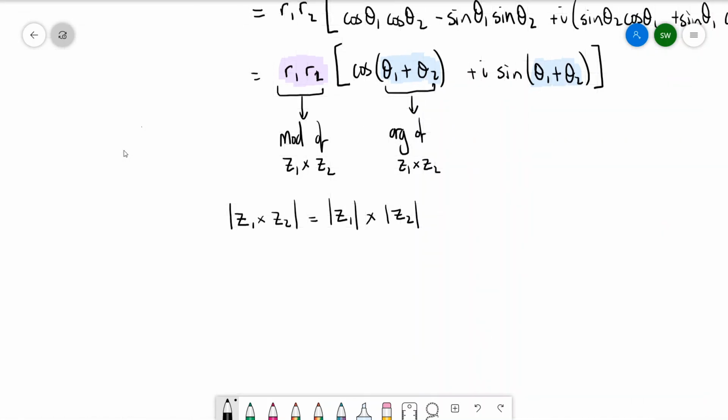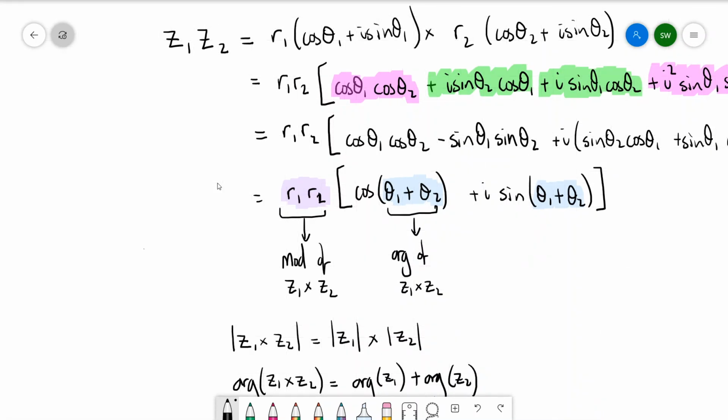And another useful formula is that if you want to work out the argument of z1 times z2, you're going to do the argument of z1 plus the argument of z2. But really the most useful formula is this one here, which says that if you can work out z1 and z2 using this formula here.